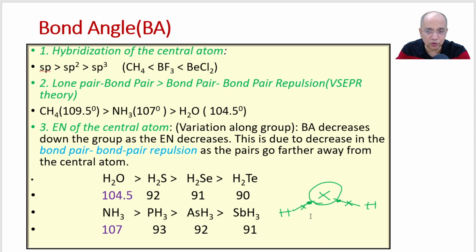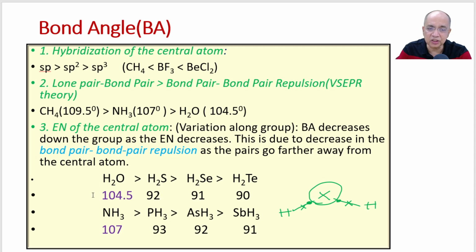As you go down the group, bond angle decreases. Why? Because these bond pairs go further away from the central atom, and the repulsion between them decreases, so bond angle decreases. I'll give you two examples. In the family, hydrides of chalcogens, water, H2S, H2Se, that is hydrogen selenide, hydrogen telluride, you find there is a decrease in the bond angle.